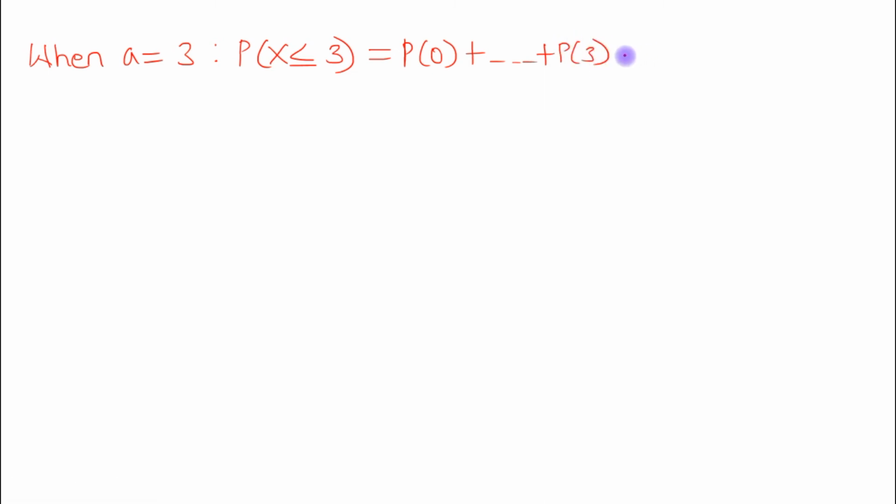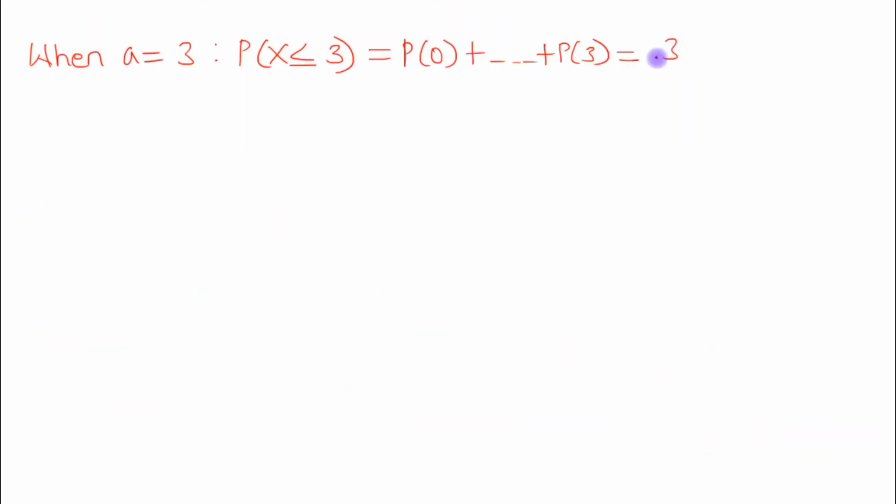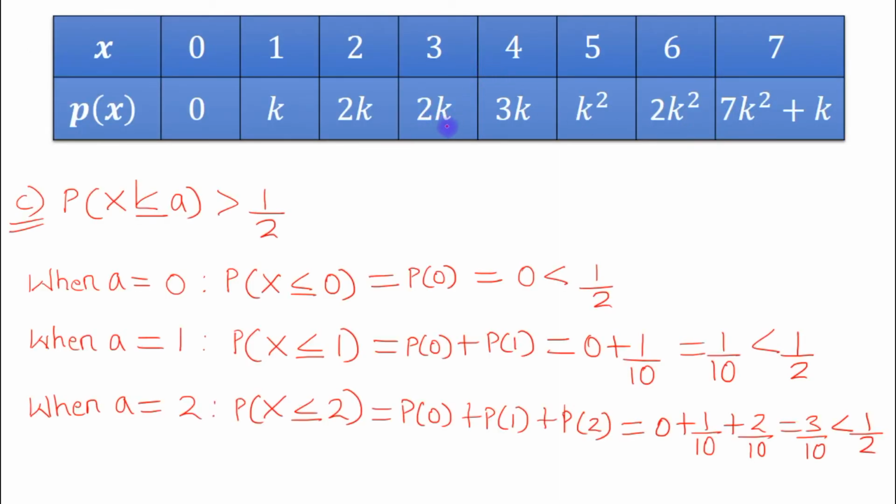Next, we will take when a equals 3, p(x) less than or equal to 3, which is p0 plus till p3, which will be equal to 3 by 10 plus p3, which is 2k.